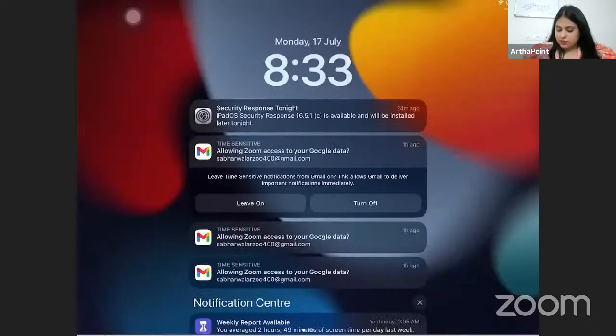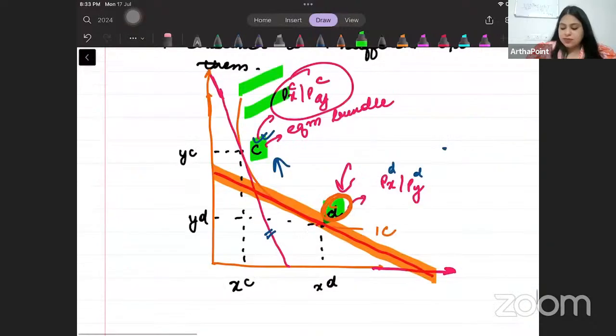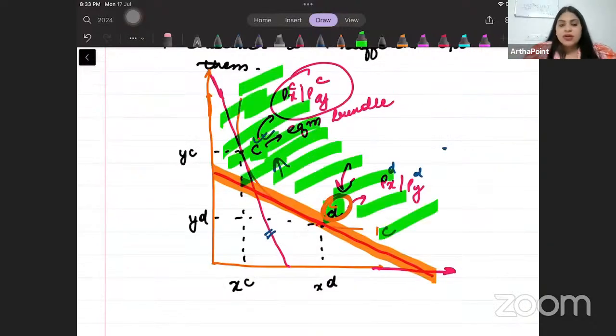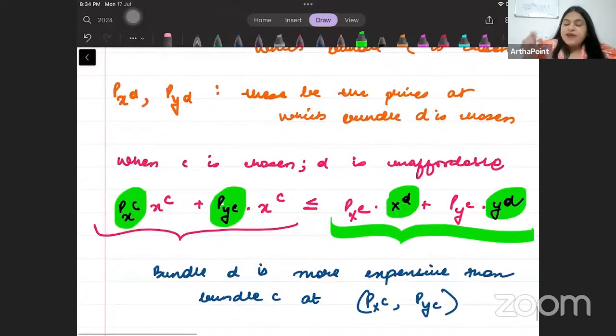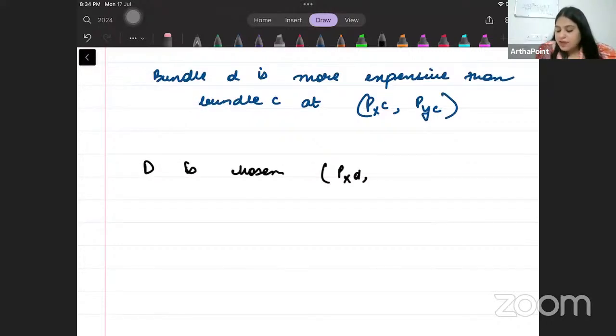It is outside my budget. It is outside the budget line. This is the budget line. So we can say that when D is chosen, at what prices? PXD, PYD, C is more expensive.